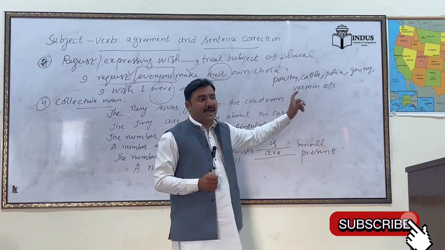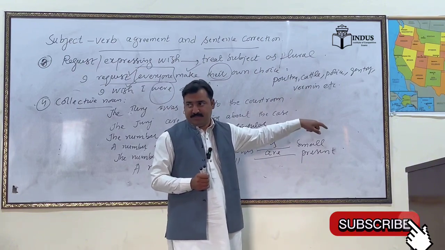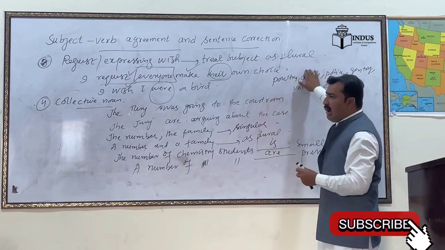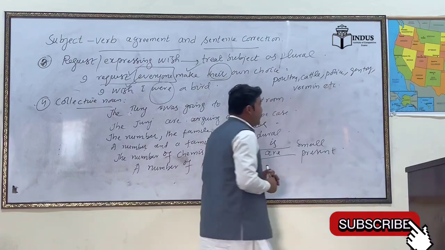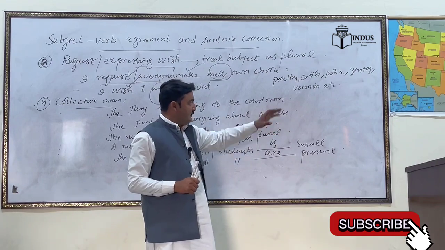You will have to write with them "are" or "were" or "have", not "has", "was" or "is". Poultry are, cattle are, police were coming, police are coming.